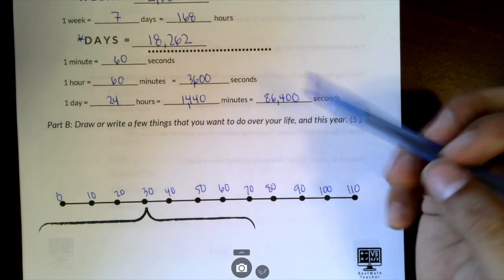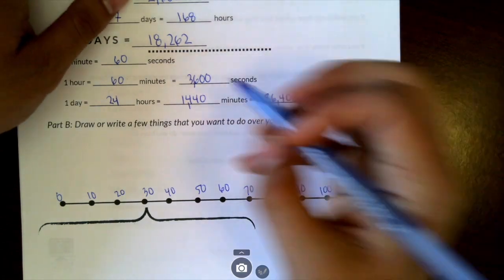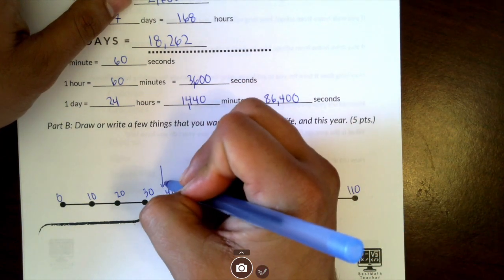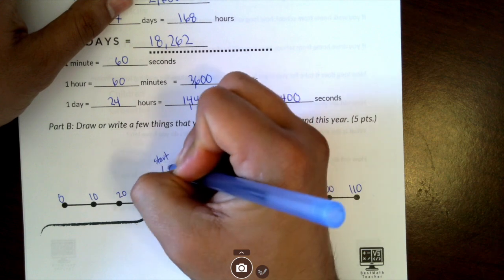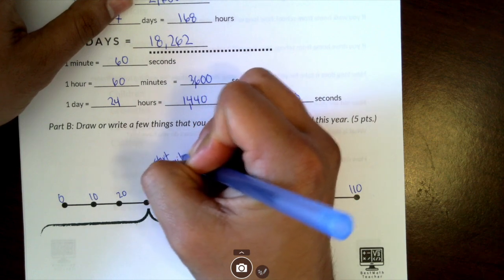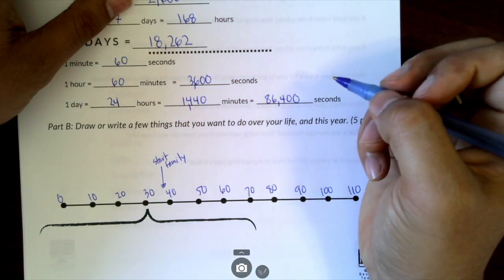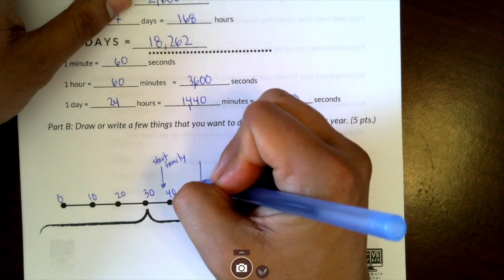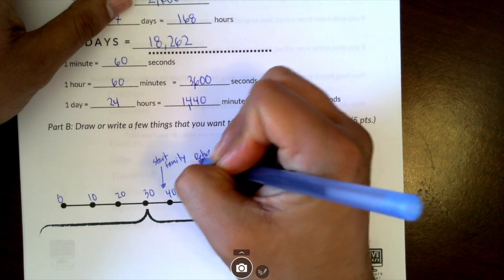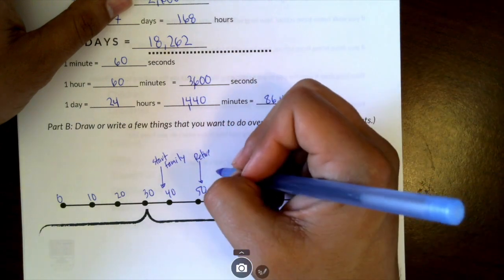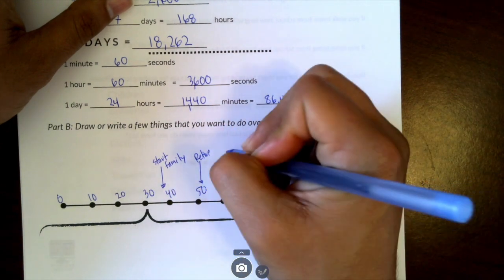But what kind of stuff do you want to do over your life? I would like to start a family like around here. You know, start a family, get married. I think I'm close, almost there. I'd like to retire, at least at this age. I don't know, maybe become a grandpa like over here.